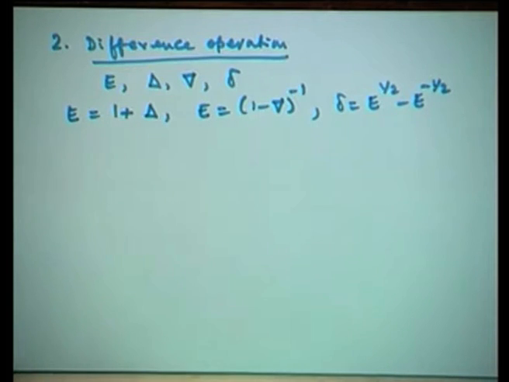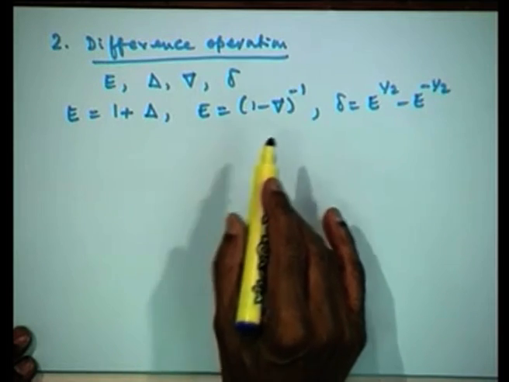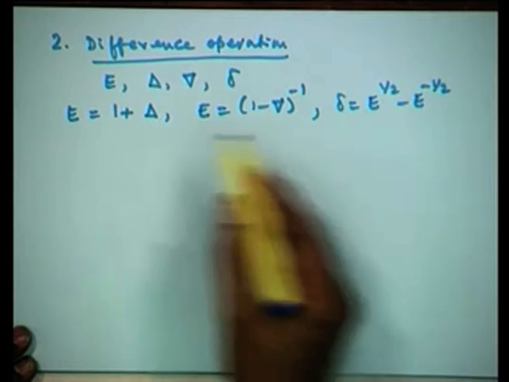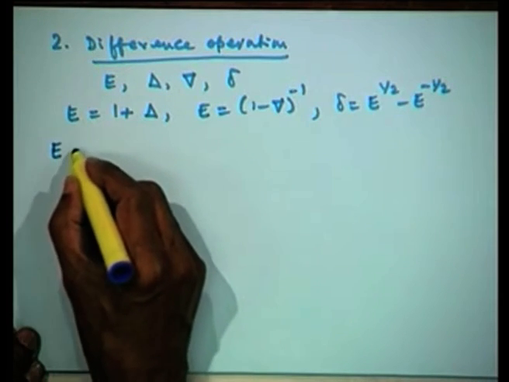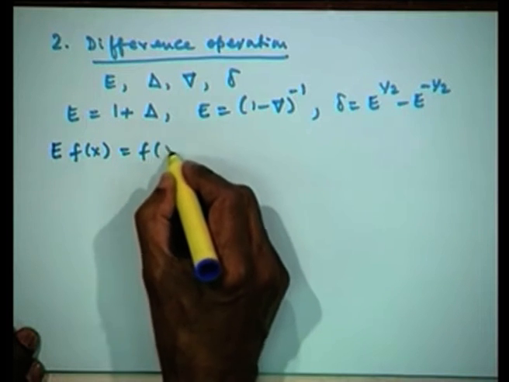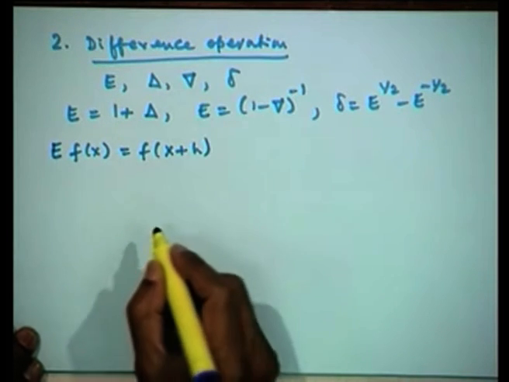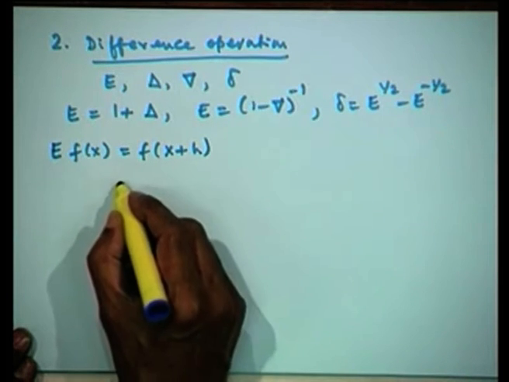Now, we have also derived the relationship between the dy by dx derivative operator and these operators. Let us just relook into that particular aspect. If I write down E of f(x), which gives me the shift by 1 unit, that is f of x plus h, let us write the Taylor series of this.